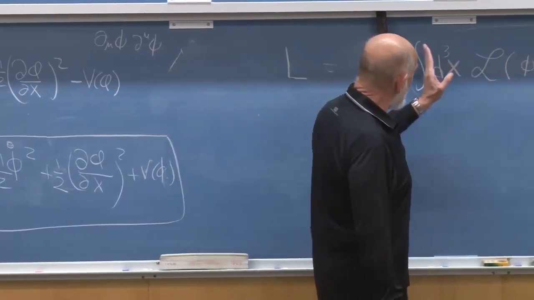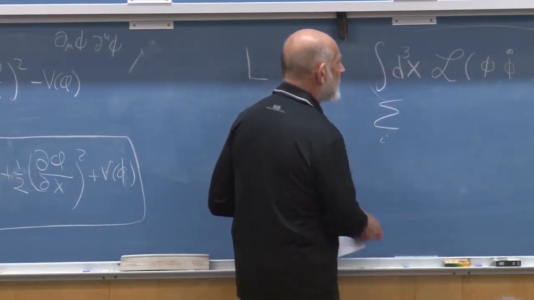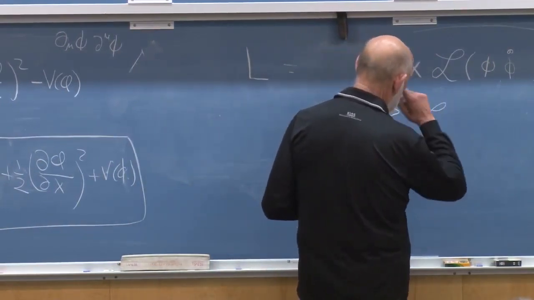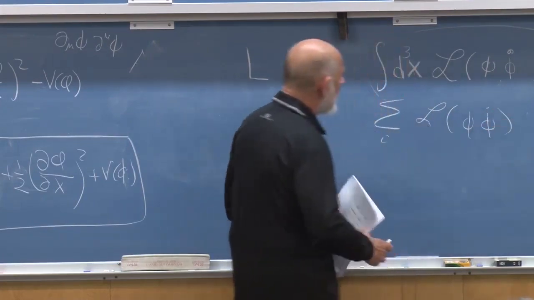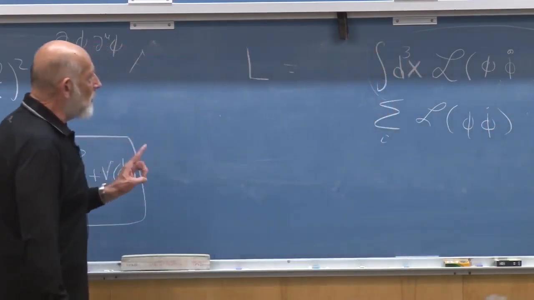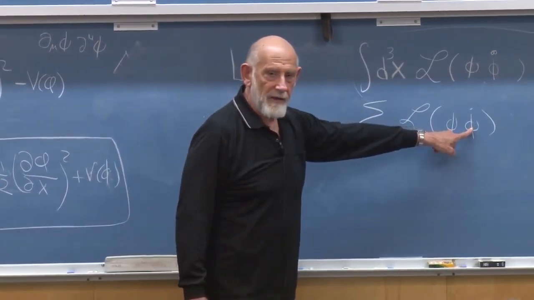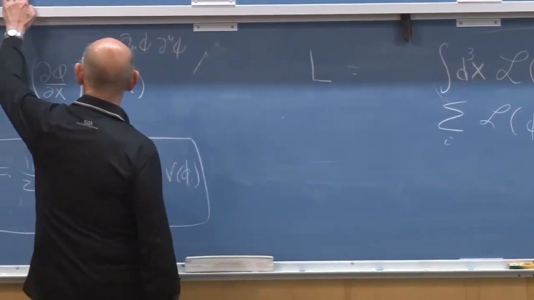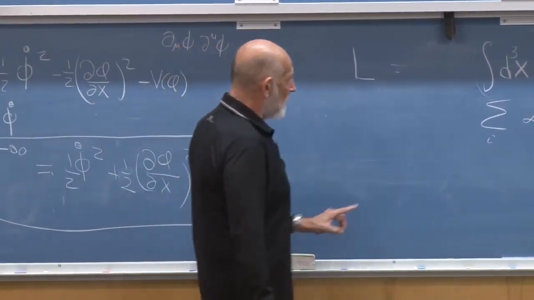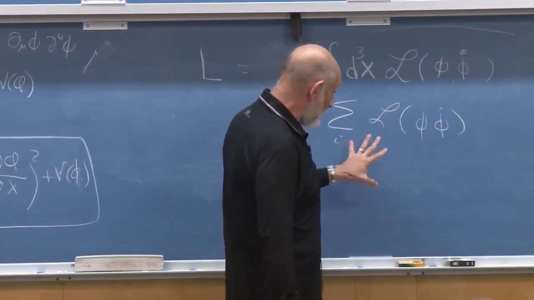It only occurs in one term. Think of this as a sum over I of the Lagrangian of phi and phi dot. Only one term in the sum contains that particular phi dot. The phi dot associated with this particular point only occurs in the term associated with that point.